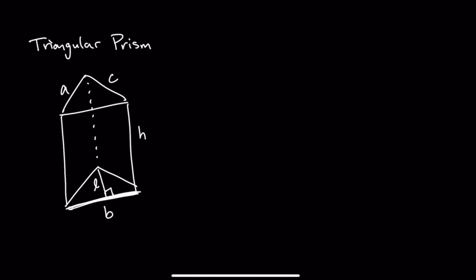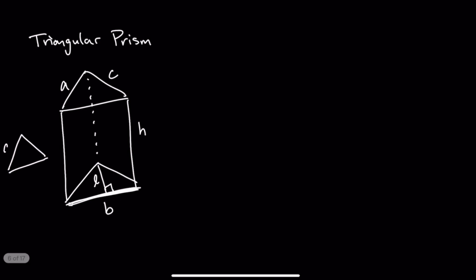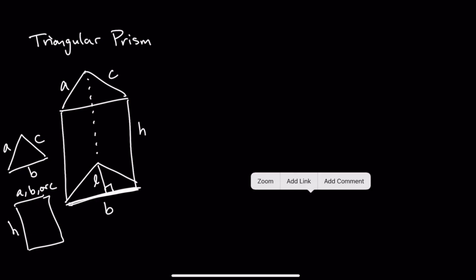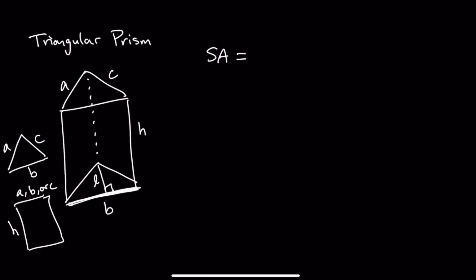of the triangle. So just to simplify it a little, you can think of each triangle as having sides A, B, C, and then each rectangle is going to have a width of either A, B, or C, and a height H. So in these terms, we're going to have a surface area equal to the areas of the rectangles plus 2 times the areas of the triangular bases, because there's 2.